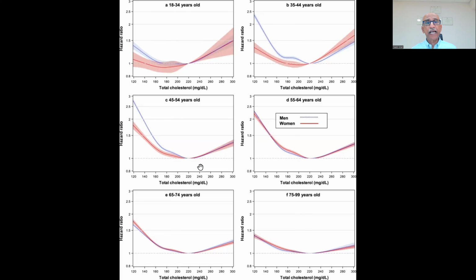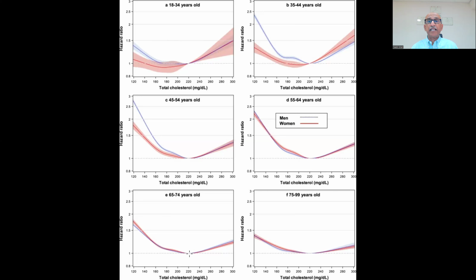Now, this 220, the sweet spot I just mentioned, is comprised of total cholesterol, meaning your LDL plus HDL plus your triglyceride. We don't have too much control over LDL, because even if I don't eat anything, let's say I am fasting, just a water fast, my liver is smart enough.